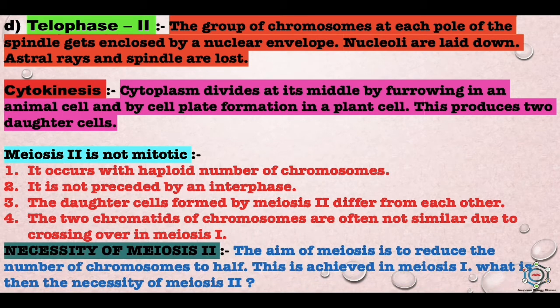Here, what is the necessity of meiosis second? You know that the aim of meiosis is to reduce the number of chromosomes to half. This is achieved in meiosis first. So, what is then the necessity of meiosis second? Because the chromosomes that separate in the anaphase of meiosis first are still double.